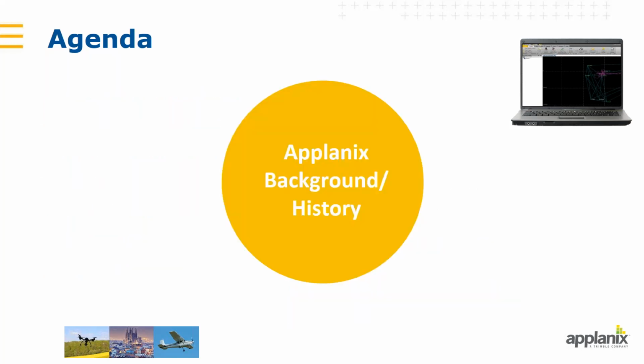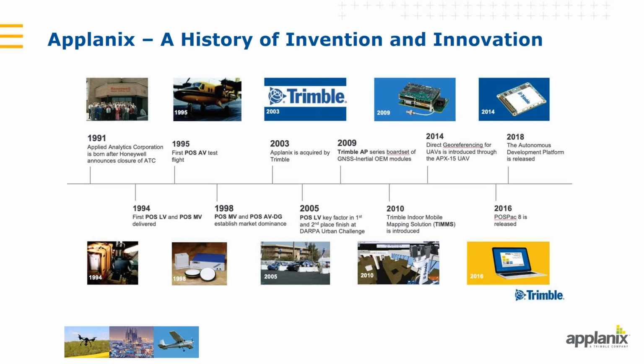First of all, background and history of Applanix. Basically, a detailed history was given in the first mobile mapping webinar, which is still available on our webinar center, as I said before. So I will not go through all the details here. Just in short, Applanix had its 30th anniversary last year, and we are the pioneers for GNSS inertial integration with deep knowledge on the inertial technology side.